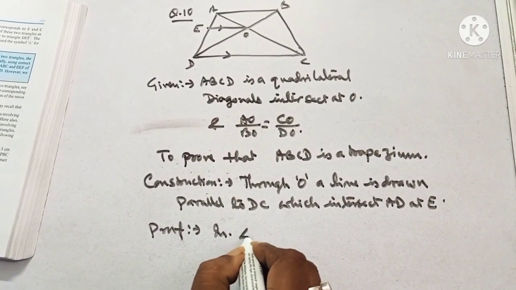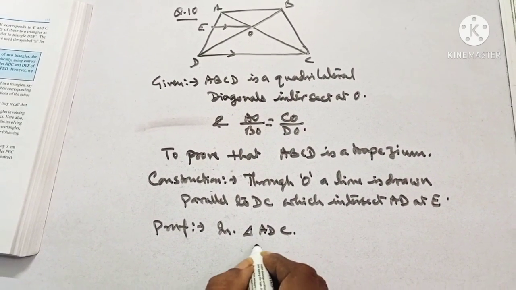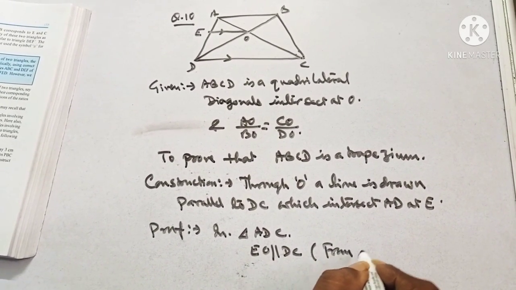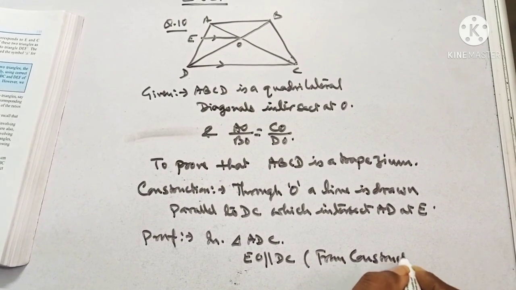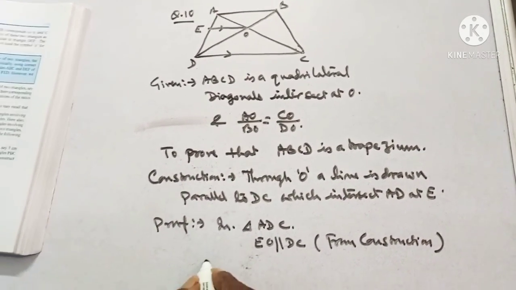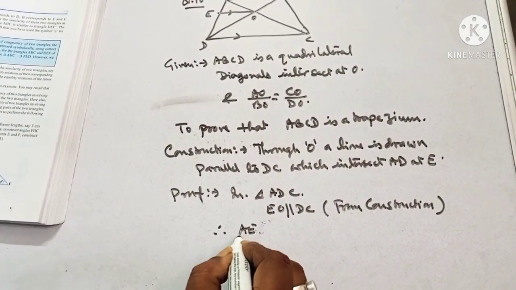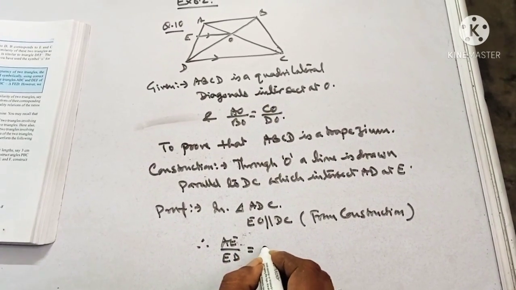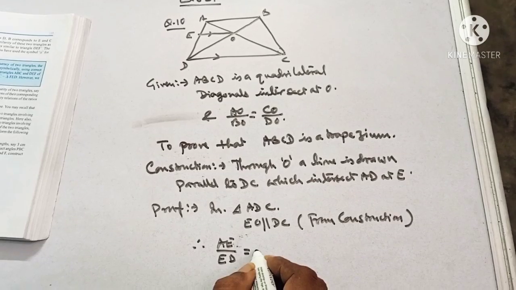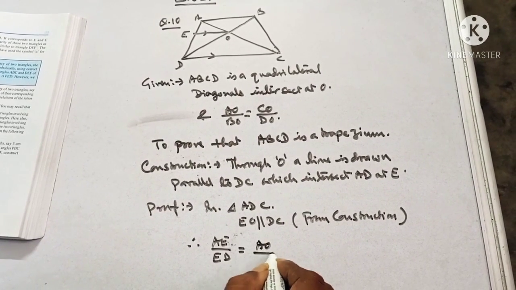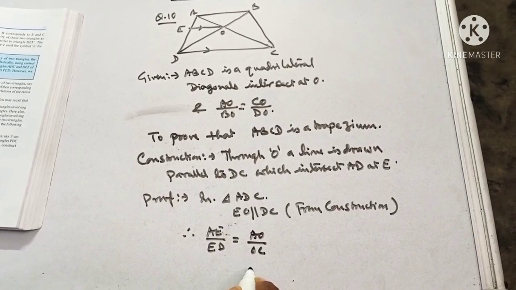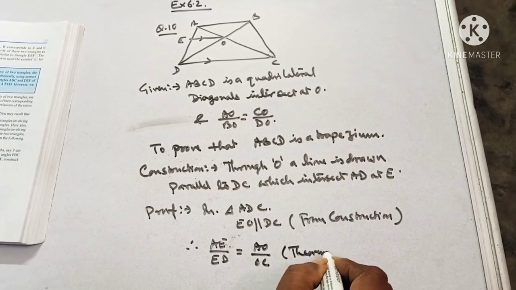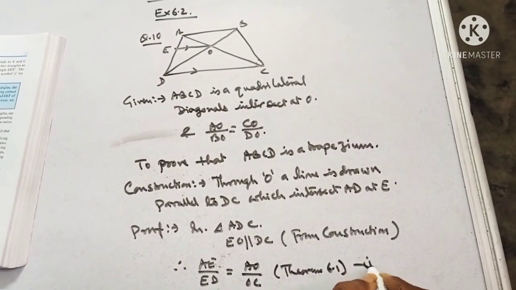In triangle ADC, EO is parallel to DC. This I got from construction. Therefore AE by ED is equal to AO by OC from theorem 6.1. This is equation 1.